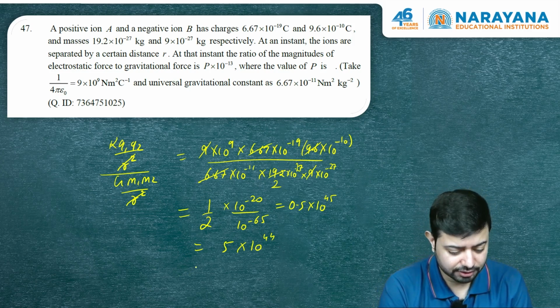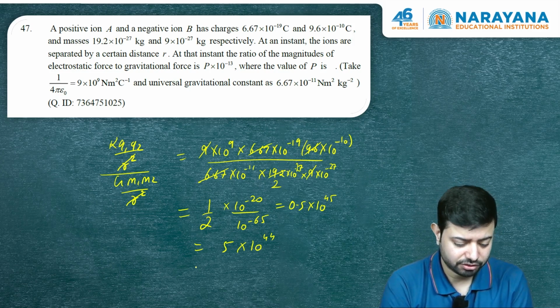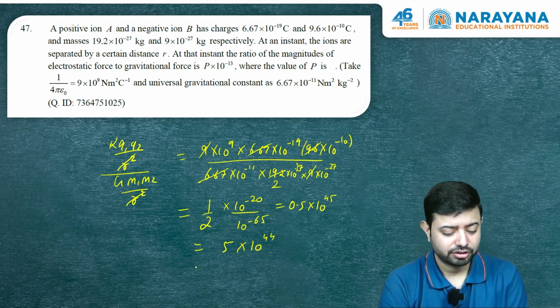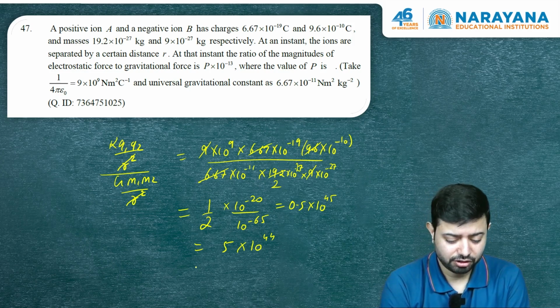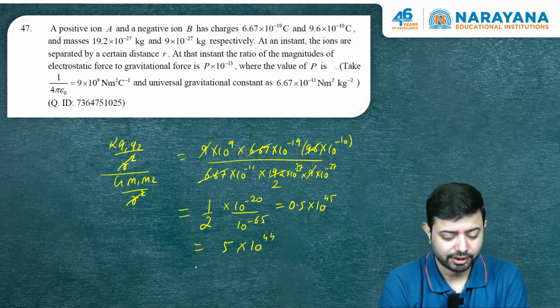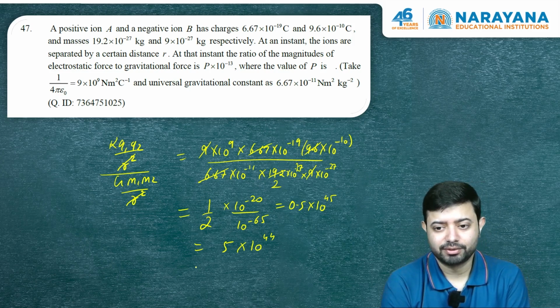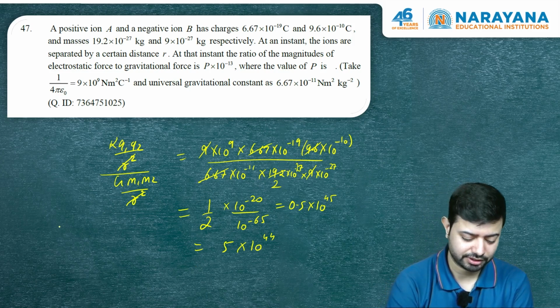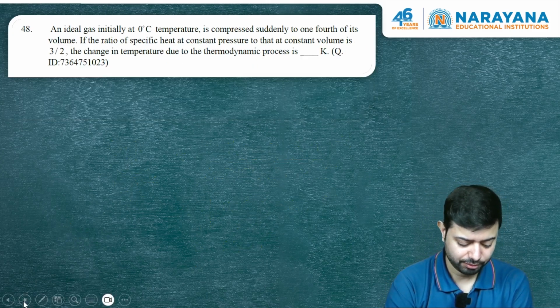So, I think this should also get an objection. The ratio of magnitude of electrostatic force to gravitational force should actually be large, right. It should not be something like 10 to the power minus 13 over here, alright. So, therefore, this question is also not written properly, and obviously, this will go into objection. Okay. Let us move to the next one.